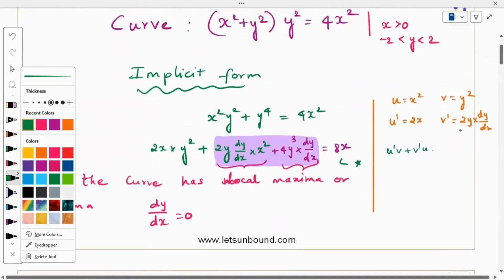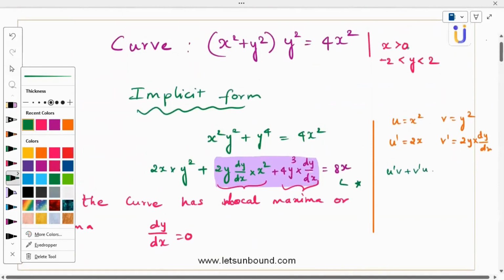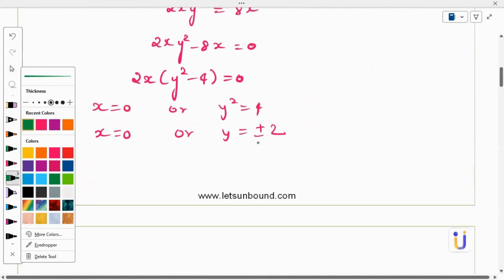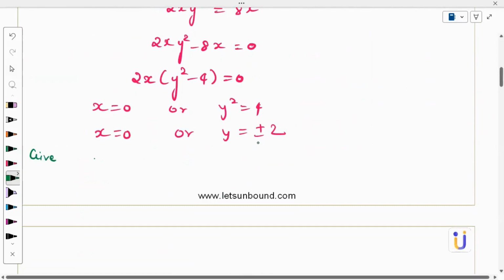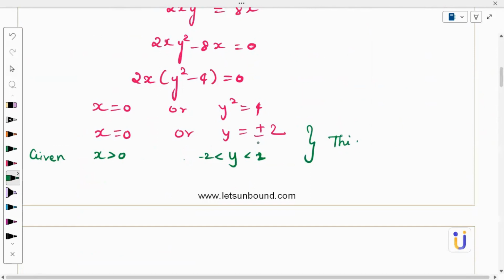Let's see why. The constraints for x and y are given, right? Given x greater than 0, x equals 0 is not at all possible. So here is a contradiction. And y should be between −2 and +2, with −2 and +2 not included. So this contradicts. Why do I get a contradiction? Because I assumed dy by dx is 0, which is not possible.